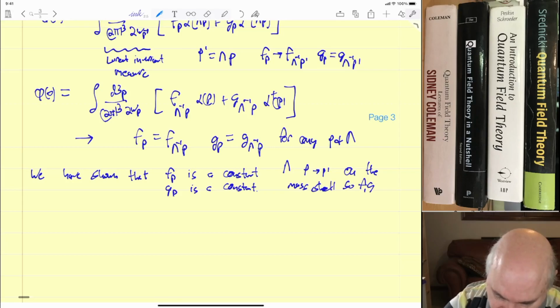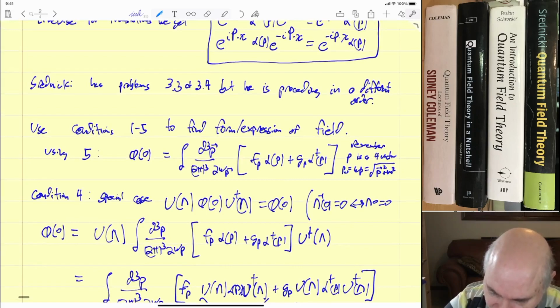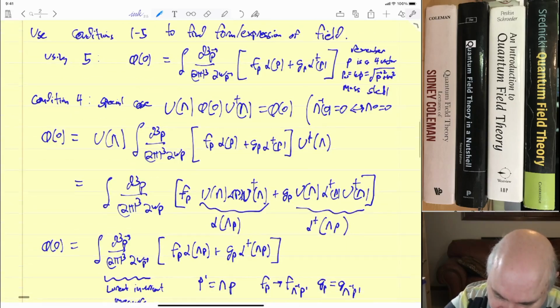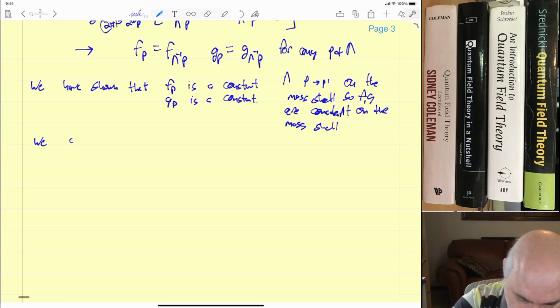So f and g are constant on the mass shell. If we go back to that condition I said earlier, p is a 4-vector, but it's constrained. It's always on the positive mass shell. So we are down to two constants for φ of 0.